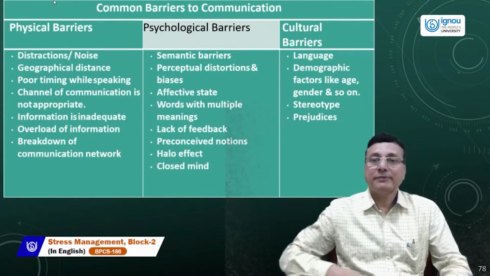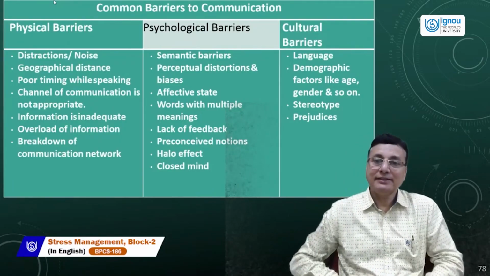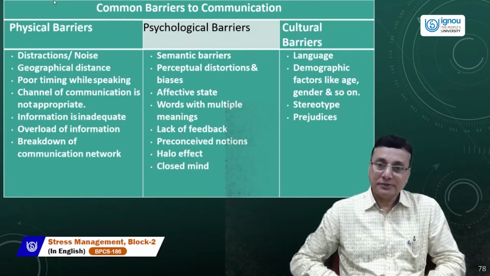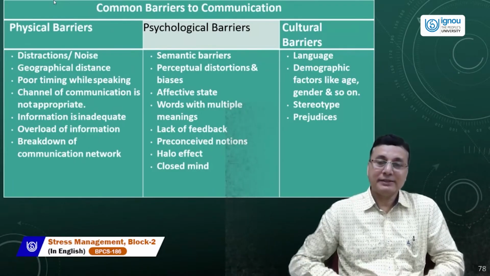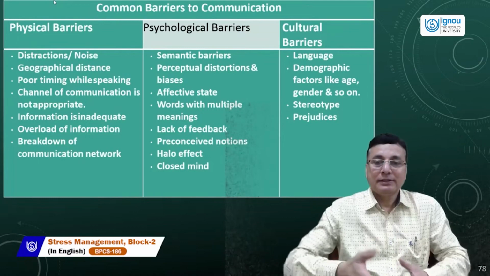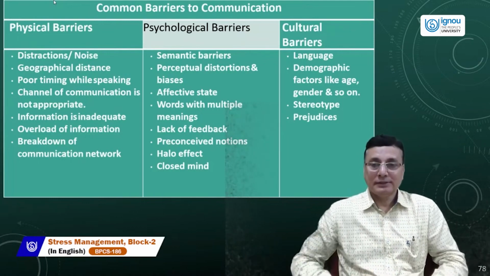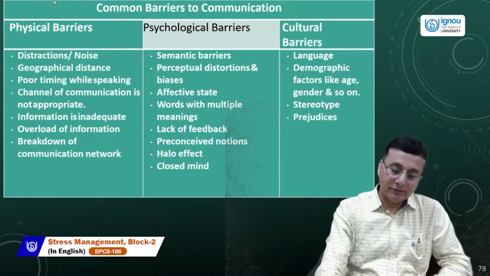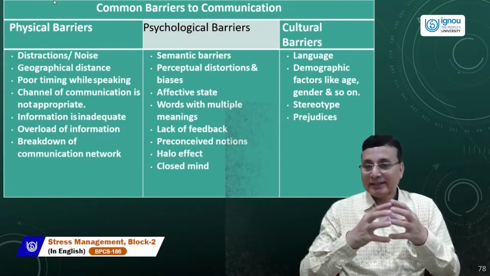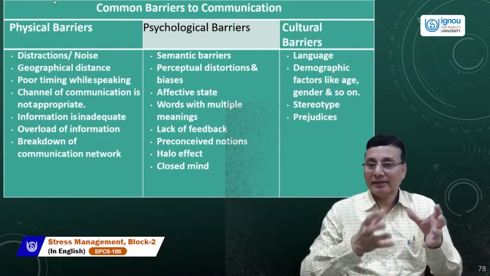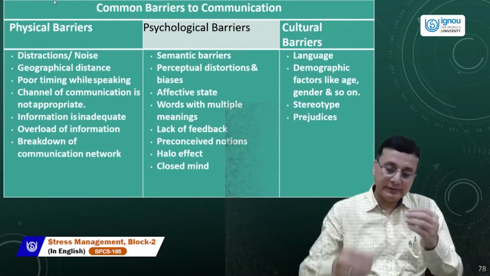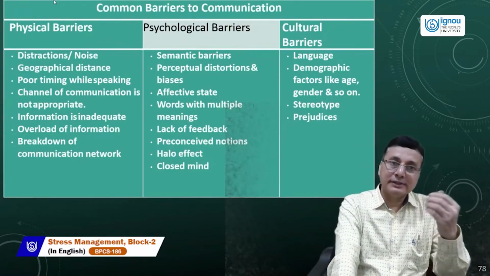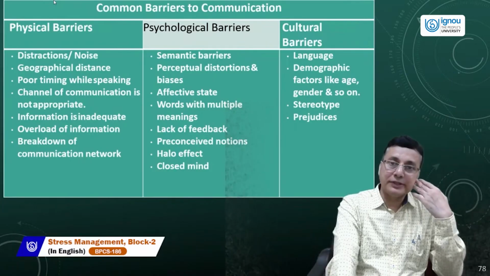Then demographic factors like age, gender, and so on, and stereotypes. Certain stereotypes are there, like boys should not talk to girls. In some cultures, it's there. Prejudices are there in our mind related to gender, religion, certain caste. So, due to those prejudices, we do not have a good communication.